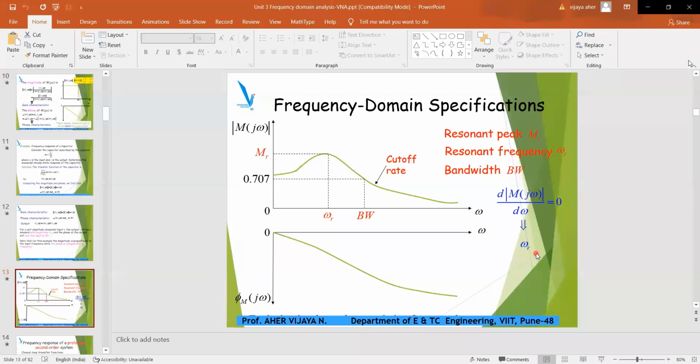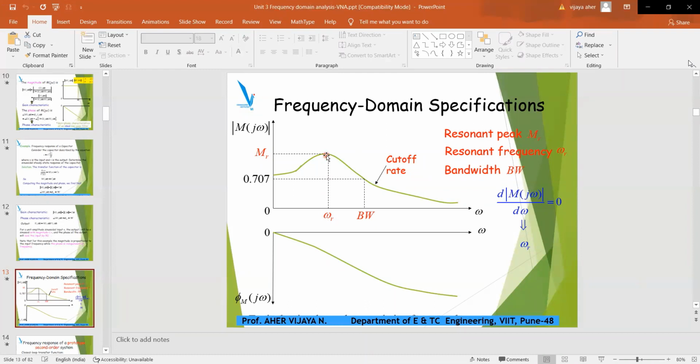These are the specifications you have to remember in frequency domain analysis. You have to remember M_R, the maximum resonant point or peak resonant at this point. This is your resonant frequency, where you get the maximum magnitude of your frequency response.